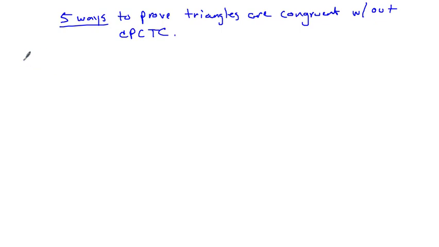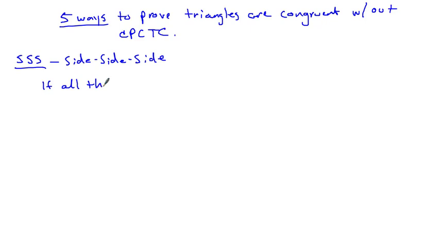Now, the first one, and these all have an abbreviation, is going to be SSS. And that stands for side, side, side. Okay, and the way this works is it's a theorem.